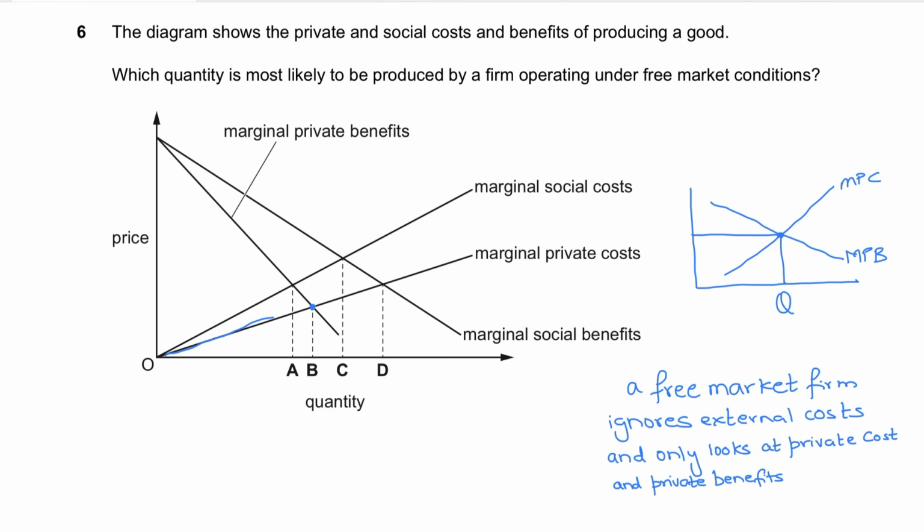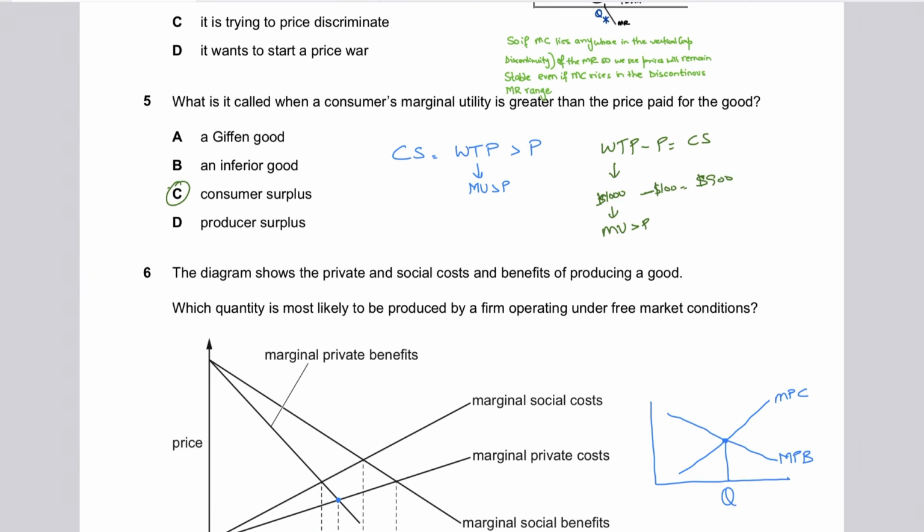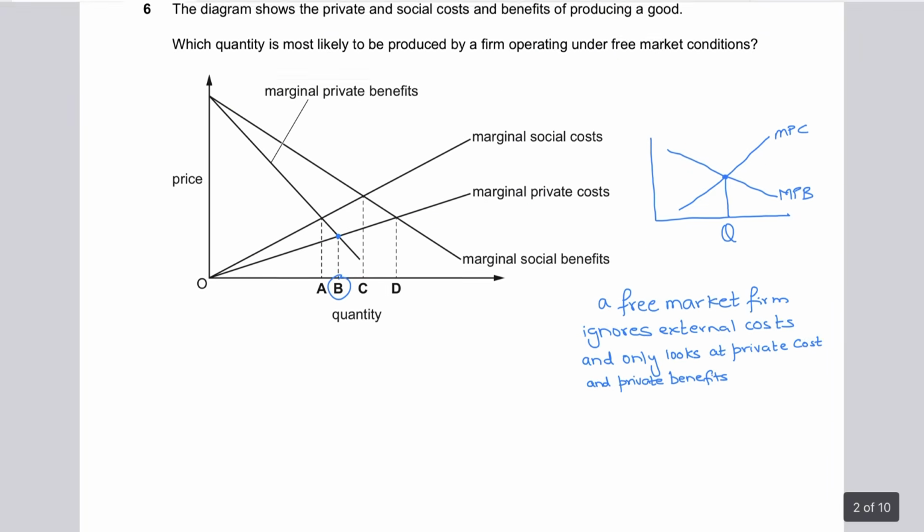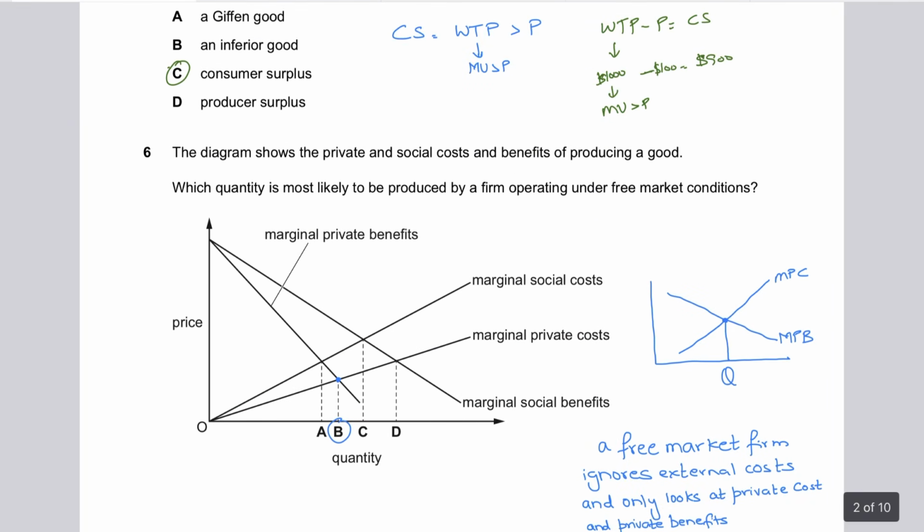If this is MPC, let's look at where MPB is. So this is MPB. So the answer has to be B for boy. Got it? I hope I'm circling all the answers. Yeah, I am. So question 6 has to be B for boy.